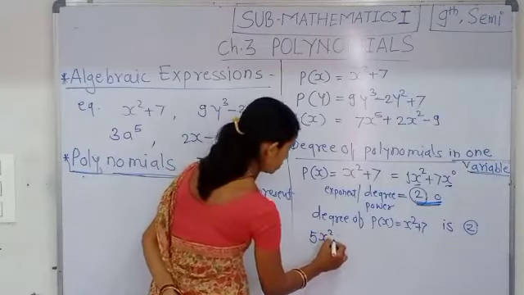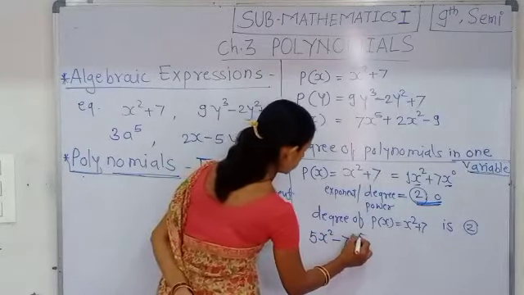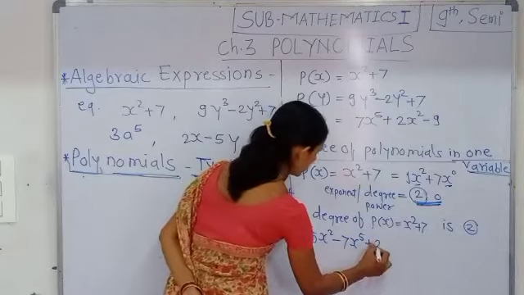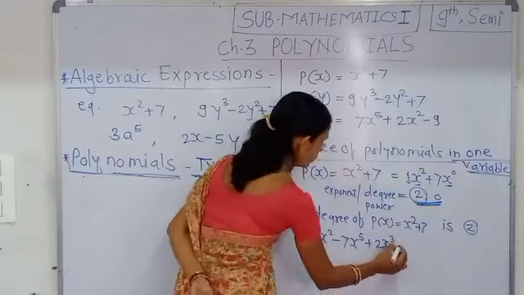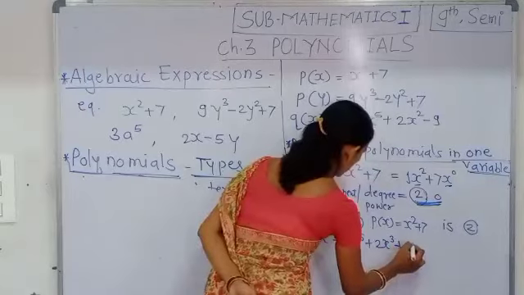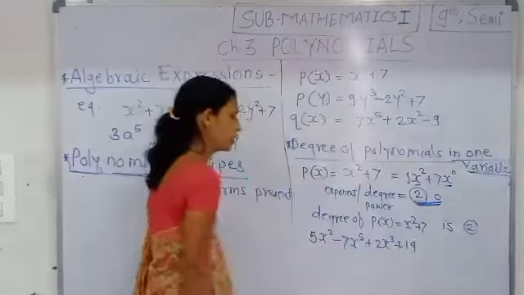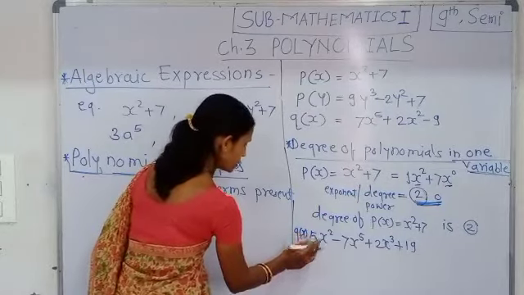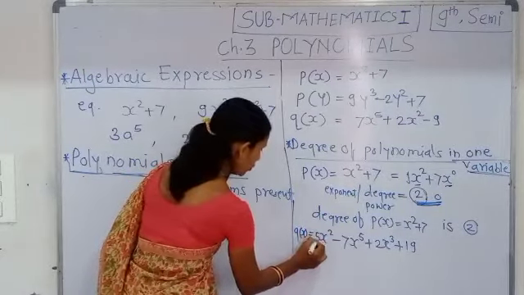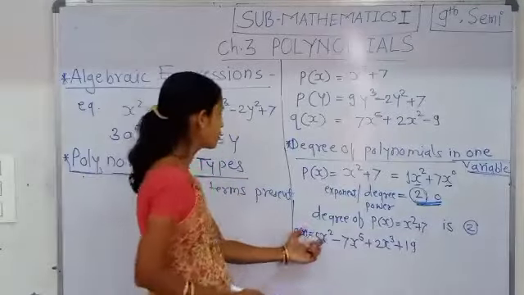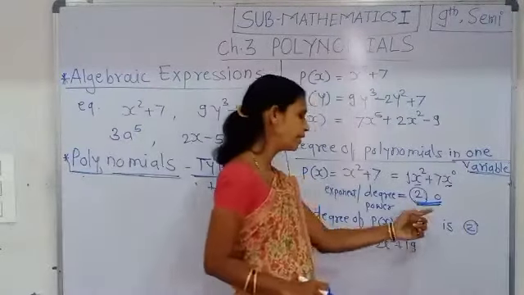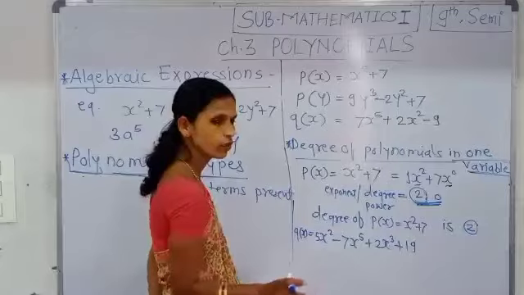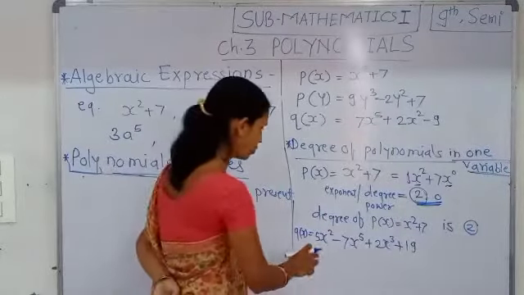5x square minus 7x raised to 5 plus 2x cube plus 19. That is a polynomial, q(x). First of all, we have to write it in its standard form or index form.